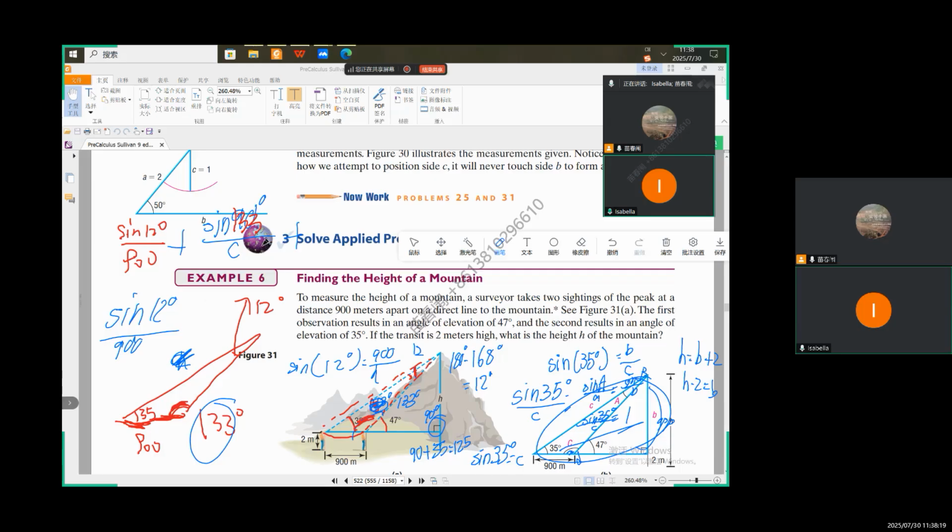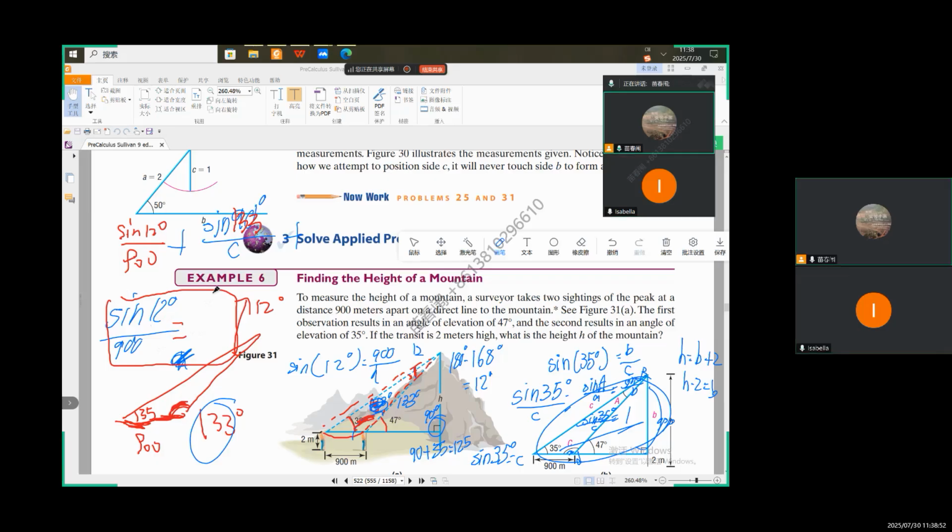Sorry, I'm just trying to piece it together. I'm finishing the sine law. Oh, you're thinking about the right triangle, right? Yeah, that's the next step. Sorry, there's just a lot going on.